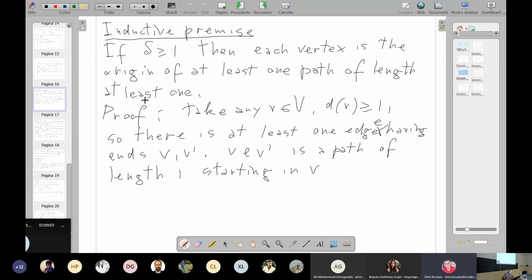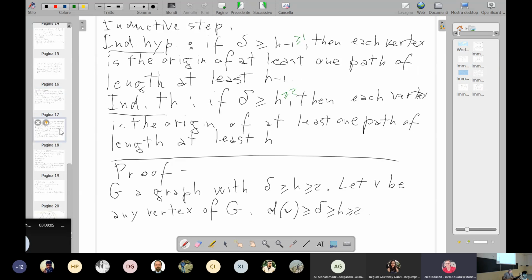Yes. So let's just focus on the inductive hypothesis, okay? The inductive hypothesis assumes that the thing works if we have small delta greater than or equal to h minus 1. Okay.